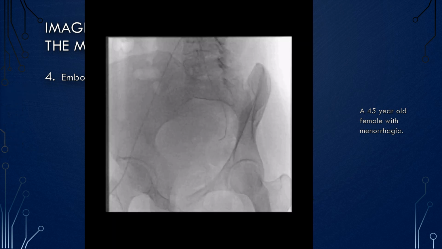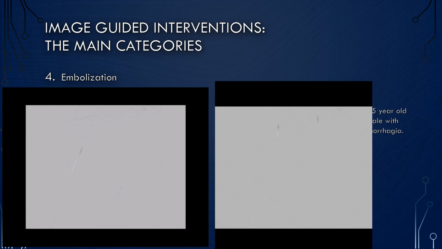This is an example case. You can see the catheter going through the right common femoral artery, going up into the iliac and up into the aorta, and then descending down into the internal iliac artery, and then you will see enhancement of the uterus as the interventionist injects contrast. This is the uterine artery, and this is enhancement of the uterus.